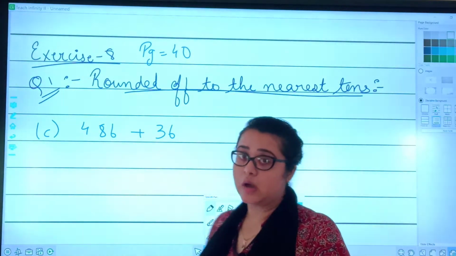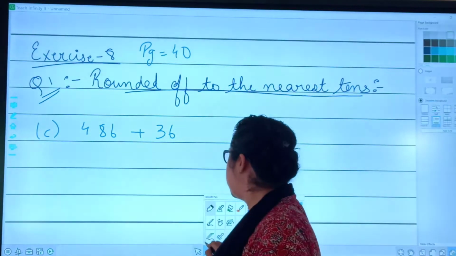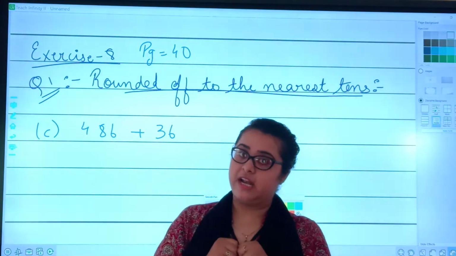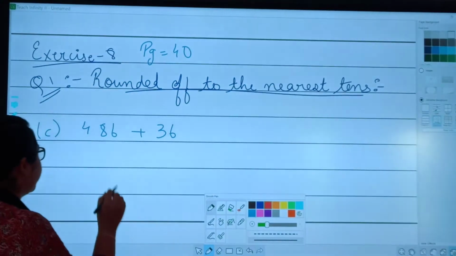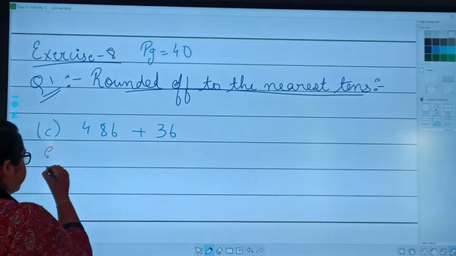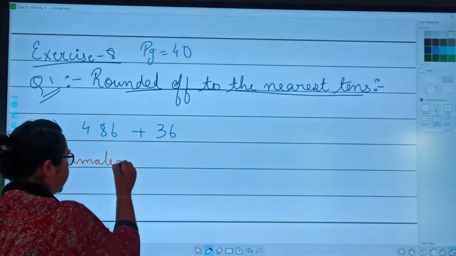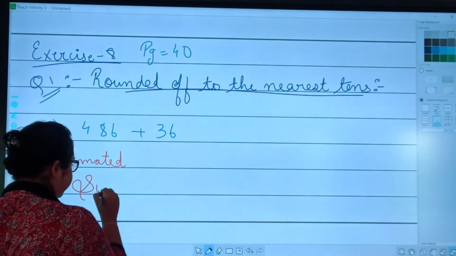We have to round off to the nearest tens. We are supposed to round off these two numbers and find the estimated sum. So first I will write here: estimated sum.